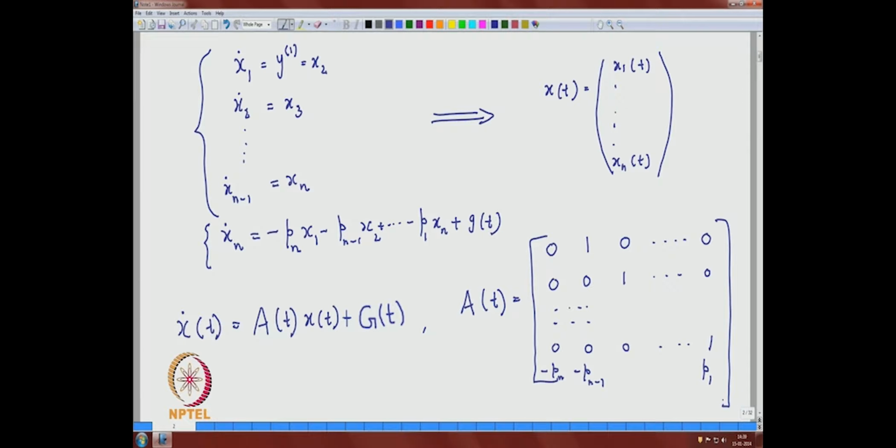This is correct. So, if you multiply this A(t) into x(t).